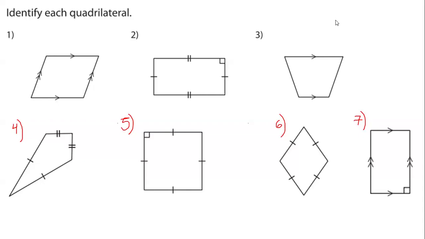Malicio Dorset, are you writing this? What number you on, Malicio? I'm on number 2 right now. Number 2. And Max, are you there? Yes, sir. What number you on?